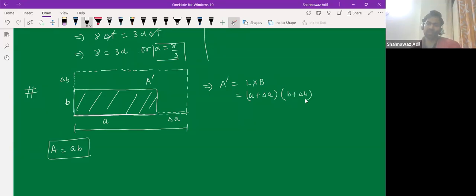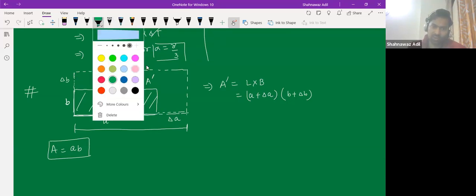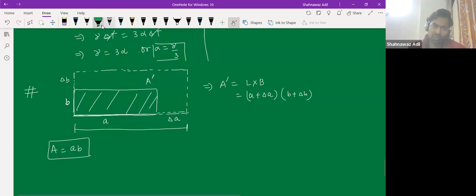So this is the new breadth. So this would be the area, guys. So this would be the new area, right? This is the new area.